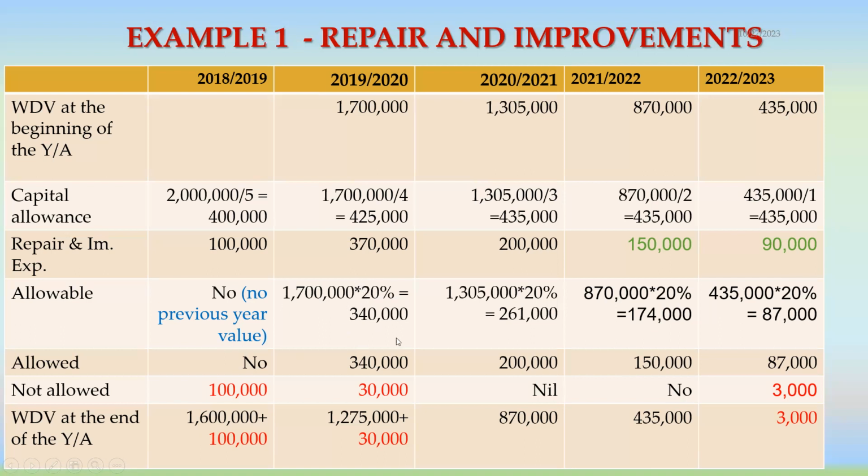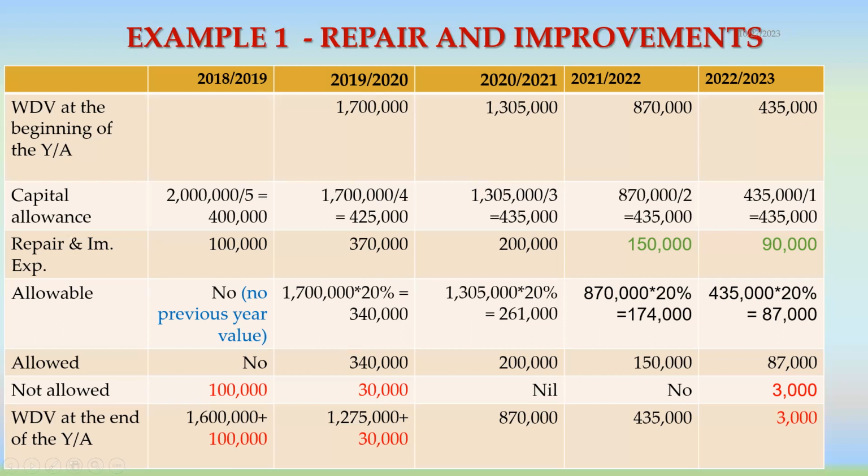Then we have an amount of 340,000. But we incurred 370,000. Only the allowable amount is 340,000. So we have an amount of 30,000 that is not allowed as a deduction in the year of assessment 1920.